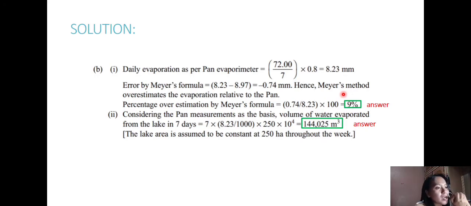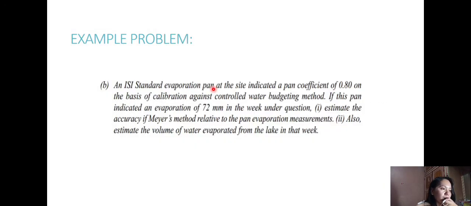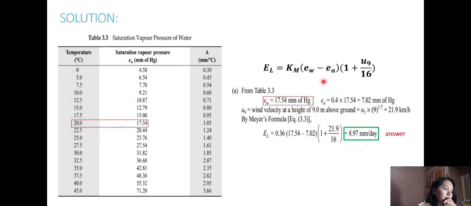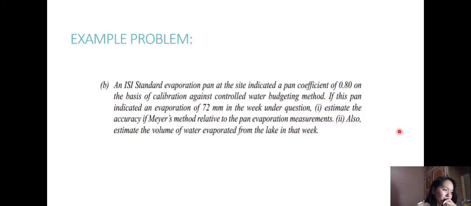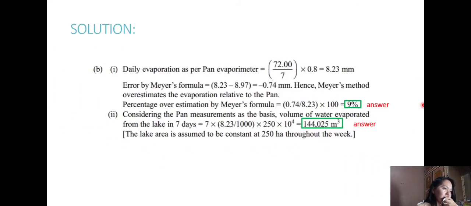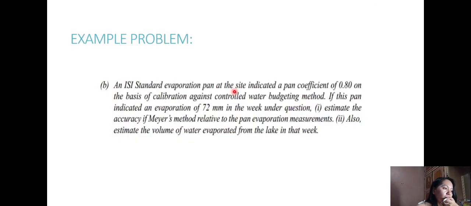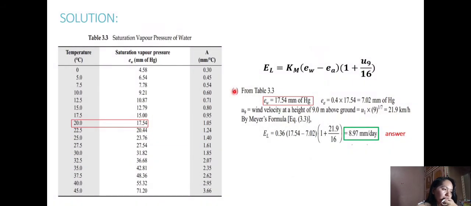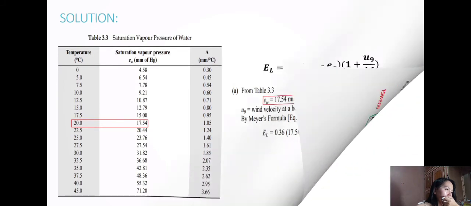Now, the error by Meyer's formula. The 8.23 is the daily evaporation of the pan, and the 8.97 is the answer we got in the previous problem, 8.97 millimeter per day.